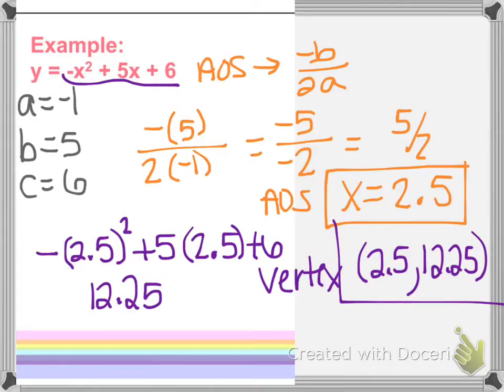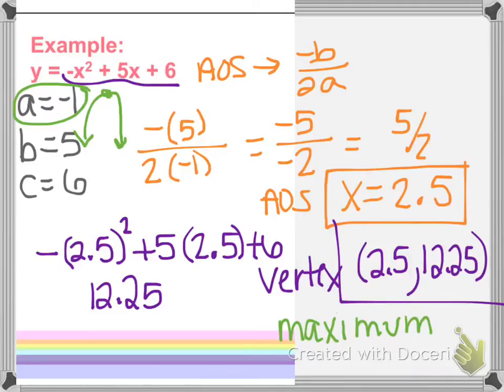And then the last thing we need is maximum or minimum. A is negative, which means my U shape opens down, which puts the vertex at the top. That's a maximum. Those are the three things you need for your assignment: axis of symmetry, vertex, maximum or minimum.